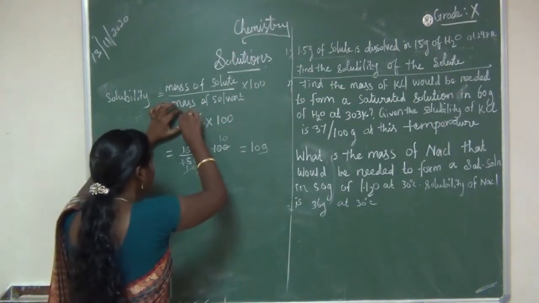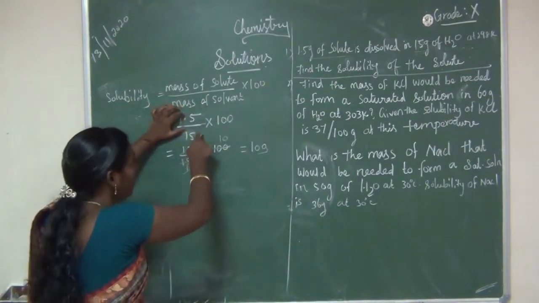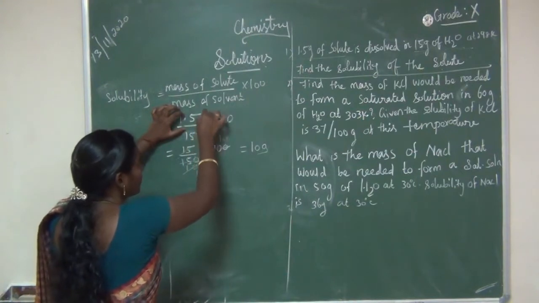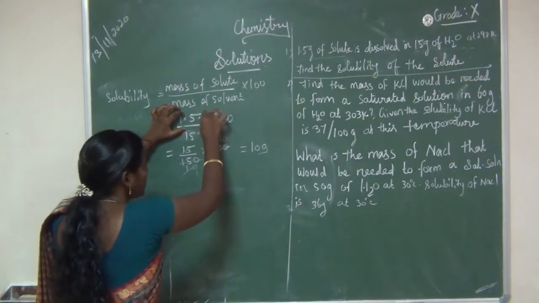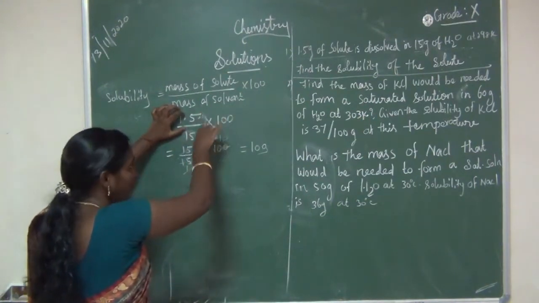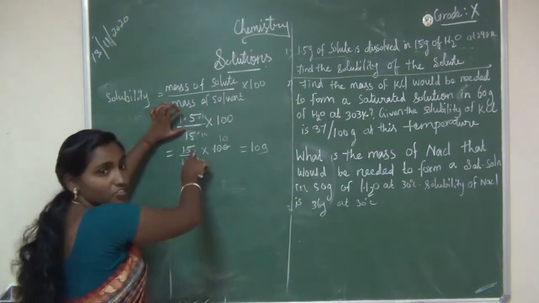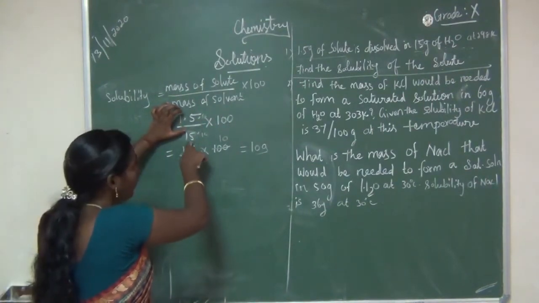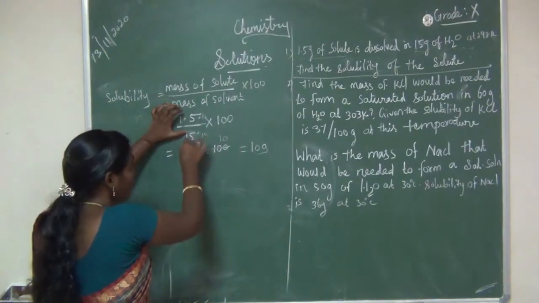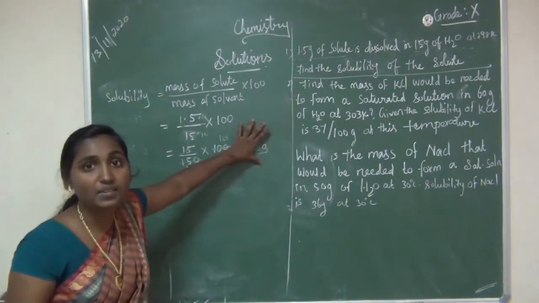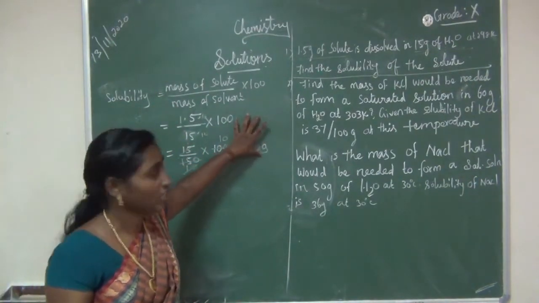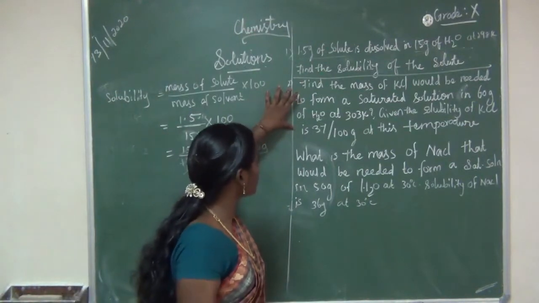We need to remove this decimal, so we multiply both sides by 10, and we will get 15 divided by 150. We can cancel, and we get the answer 10 gram. Have you understood? Then next we are going to study the next problem.